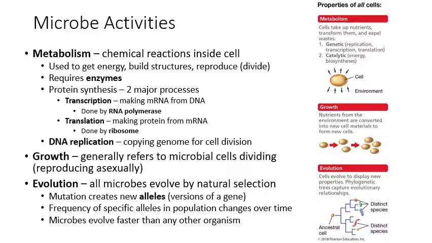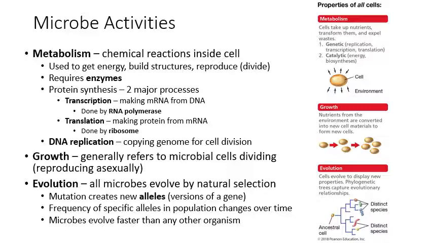So mutation is how you get new alleles, and then those alleles may be beneficial, or they may be harmful, or they may be neutral. Depending on how they affect that organism that has that new allele, it may be more likely to be passed on or less likely to be passed on according to natural selection.